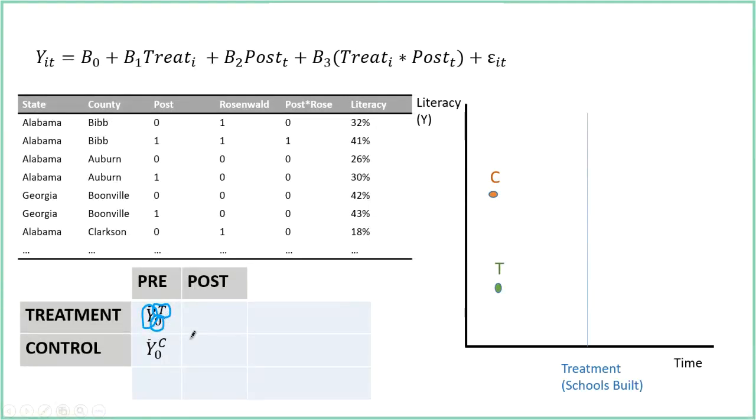So y bar t0 is going to represent the average literacy rates in school districts that would eventually have Rosenwald schools built, but haven't had them built yet, because we're talking about beforehand, time 0. Whereas y bar c0 is going to be the average literacy rate before any Rosenwald schools were built anywhere, in counties that are not going to have Rosenwald schools built.